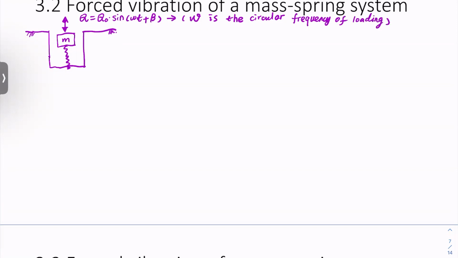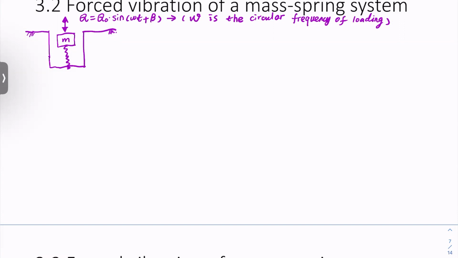For this case over here, steel spring, no dashpot, and then we are gonna throw a force. From a simplification standpoint, we want to make the force a sinusoidal force, so that the sinusoidal force has an amplitude of Q naught, and a circular frequency of omega.